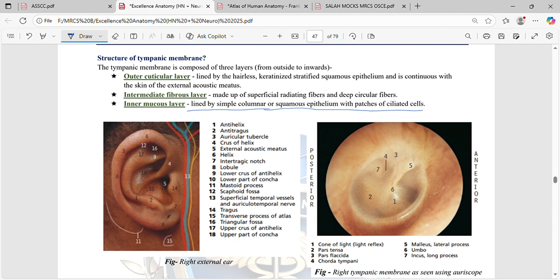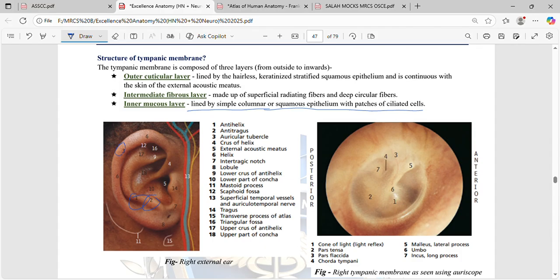So here, if you look at the external ear, we have the antihelix number one, and then the antitragus number two, and then the auricular tubercle, which is number three.